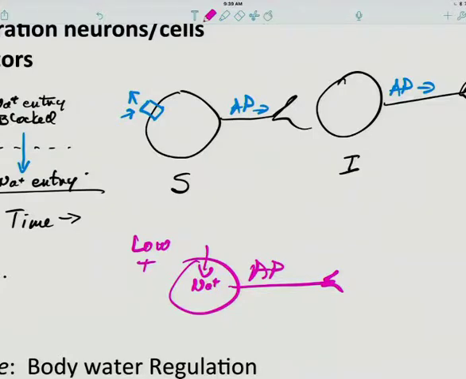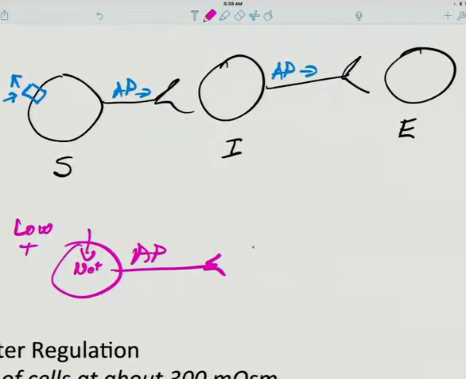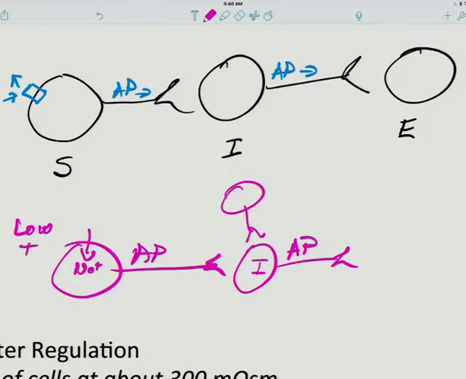Does that make sense? That would change the frequency of action potentials in some interneuron. That interneuron could also respond to others, so it can change the set point.